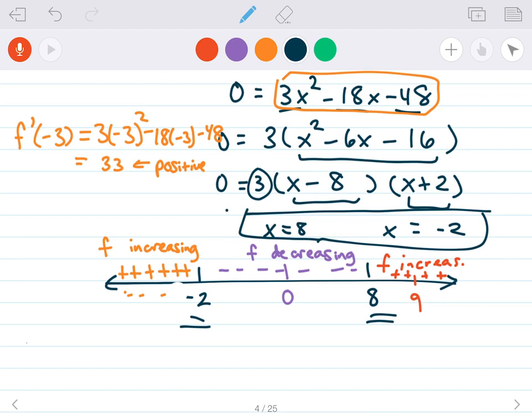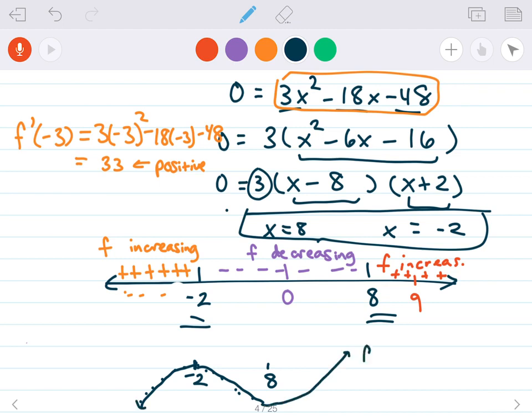So to the left of negative 2, f is increasing, so it has to look like this, increasing, increasing, increasing. And then after negative 2, it starts decreasing, all the way until x equals 8, and then it starts increasing again off into infinity.